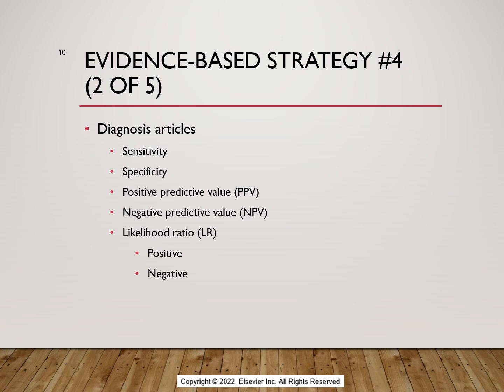I'm not going to spend a whole lot of time. You will see sensitivity and specificity outlined in your textbook. One has to do with a positive value and a negative value. You can also look at the positive predictive value and the negative predictive value and the likelihood ratio.